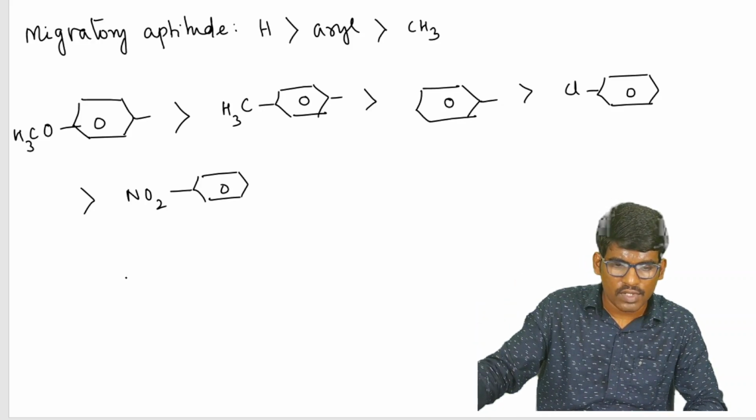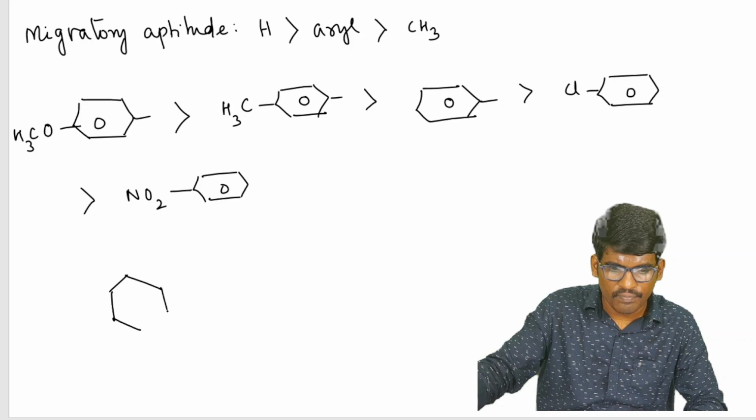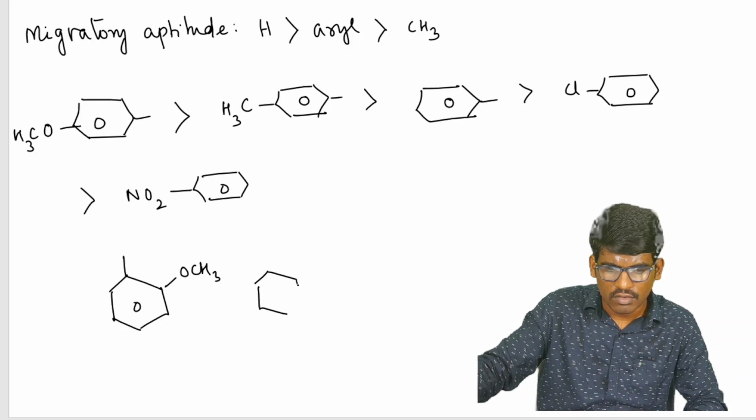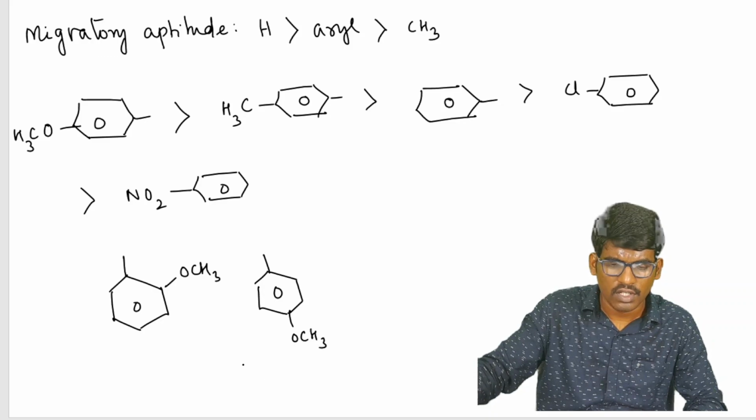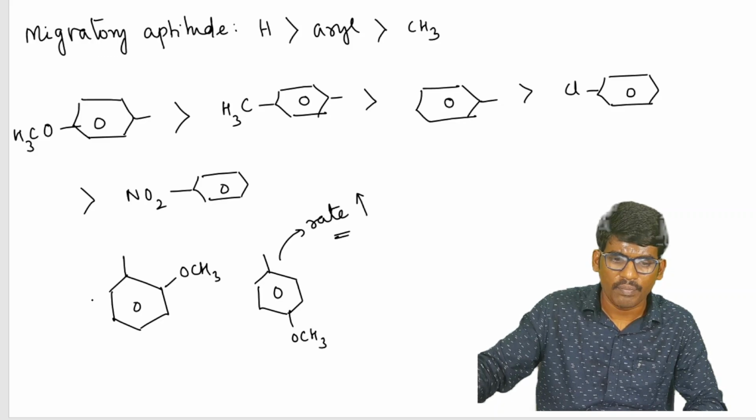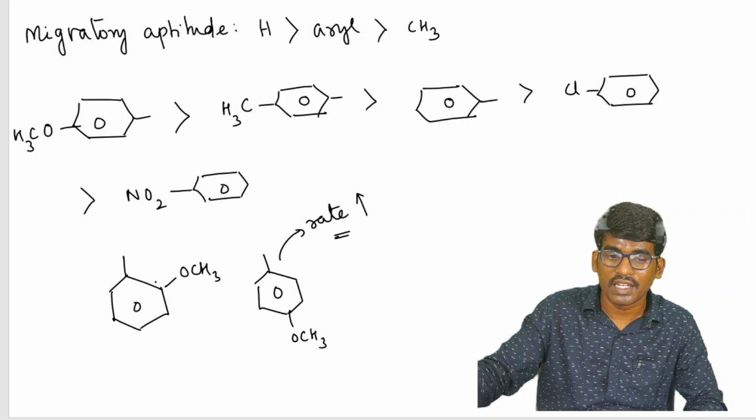Sometimes the question can be given in this way. Let us say the substituent is OCH3 at the ortho position, methoxy, as well as OCH3 at the para position. In that case, remember, children, the rate for the para methoxy is very high compared to the ortho one, because of steric hindrance.